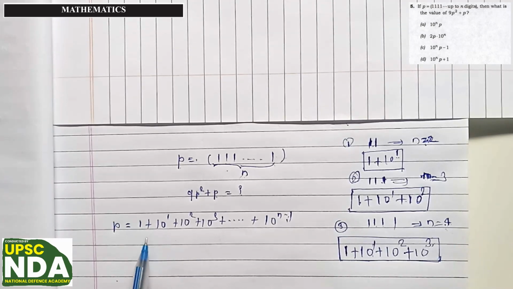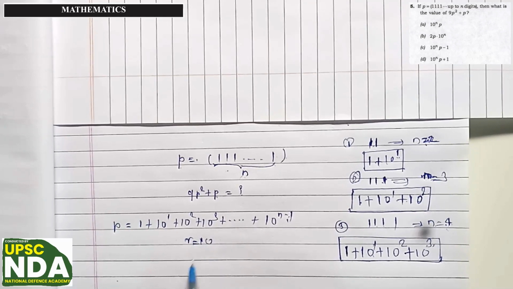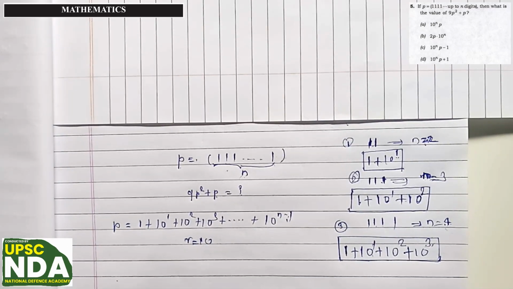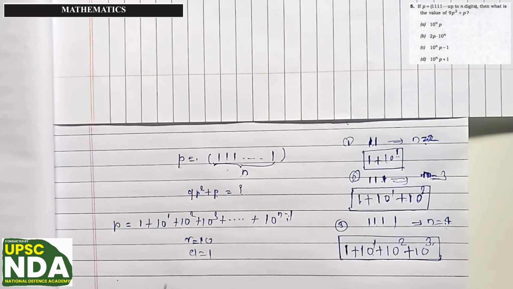That means a common ratio r between all the terms, which is 10 everywhere. If I consider a as the first term, a is 1 and the common ratio is 10. So we can apply geometric progression here.